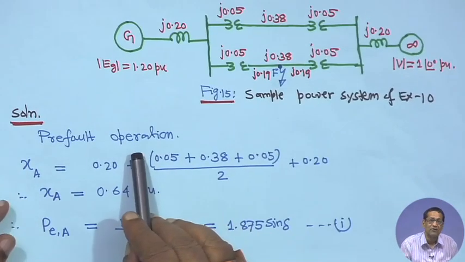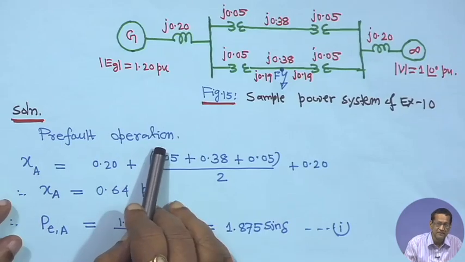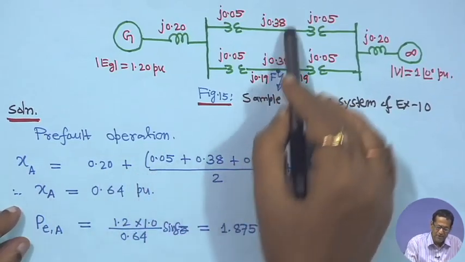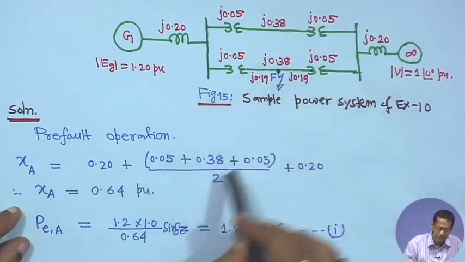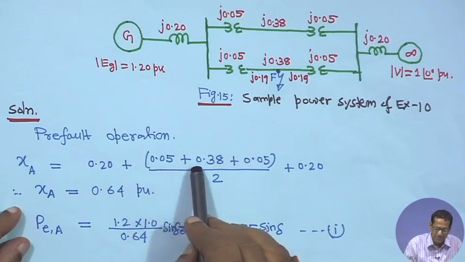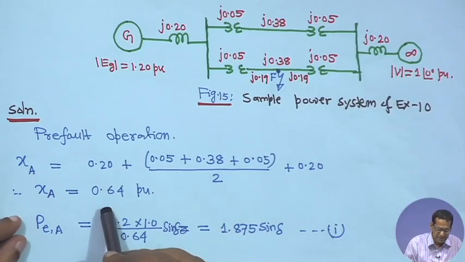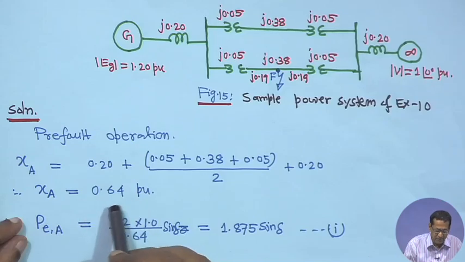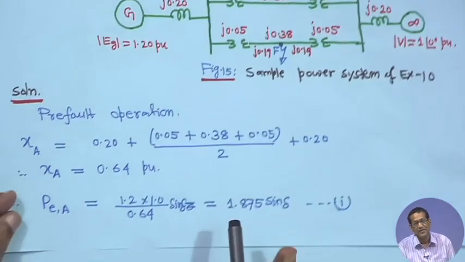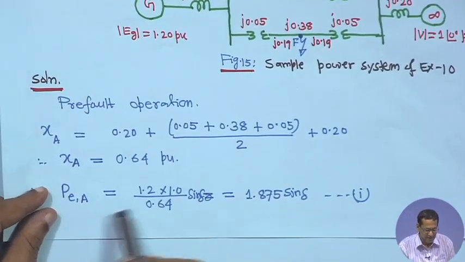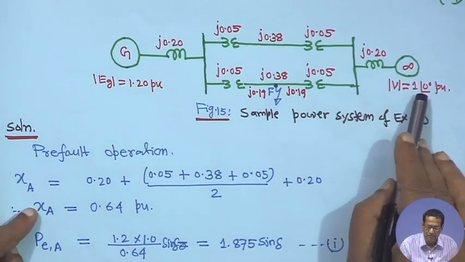This is the pre-fault condition, or pre-fault operation, where x a will be 0.2 plus the parallel equal. So, it will be taken half: 0.05 plus 0.3 plus 0.05 by 2, plus this one 0.2. So, x a is equal to 0.64, and graph A is your pre-fault condition. The voltages are given as 1.2 and 1.